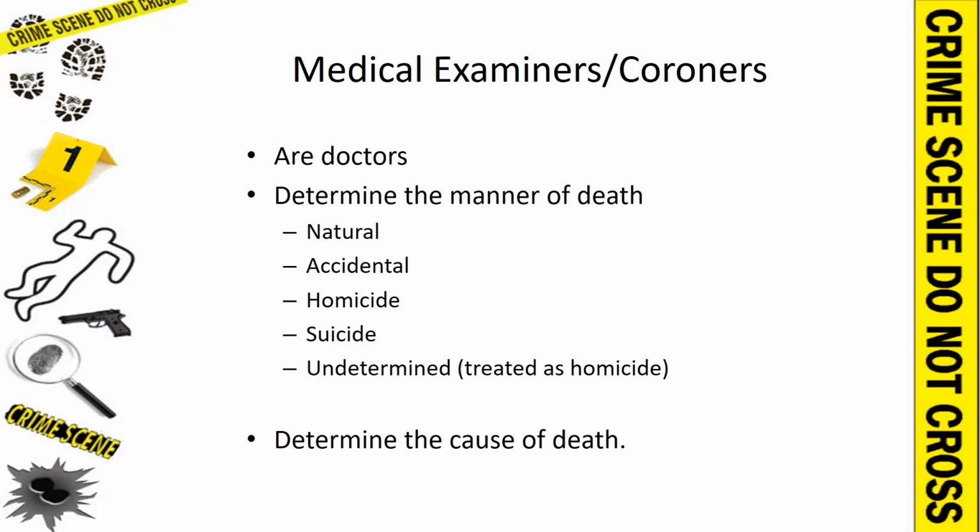They might put paper bags over the hands before they put the body into the body bag before it's transported. That protects any evidence that might actually be on the hands. And then they're going to take the body back to the ME's office and do their processing to determine the cause of death. And there are only 5 manners of death, which we'll talk about when we hit the death unit way down the road.